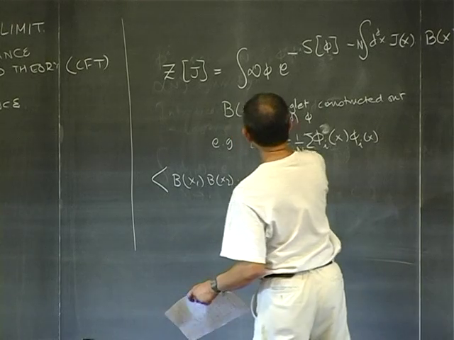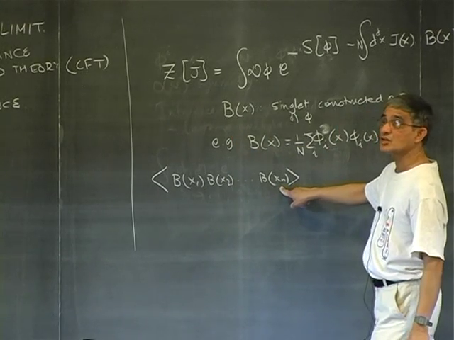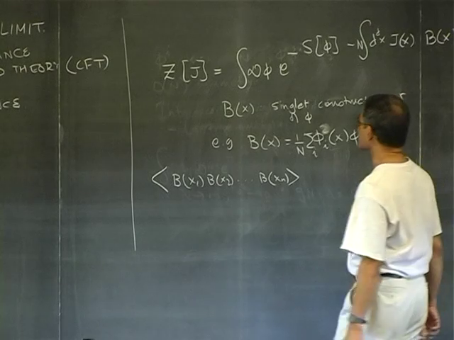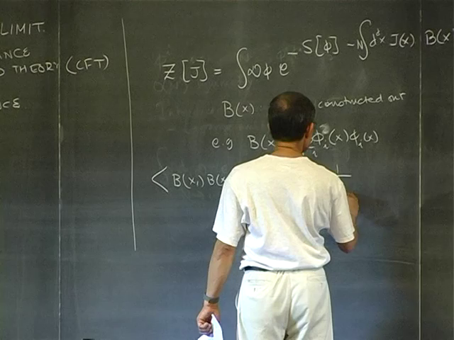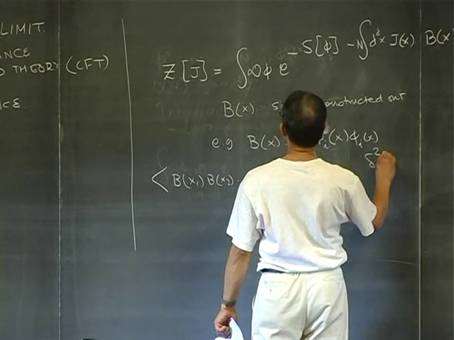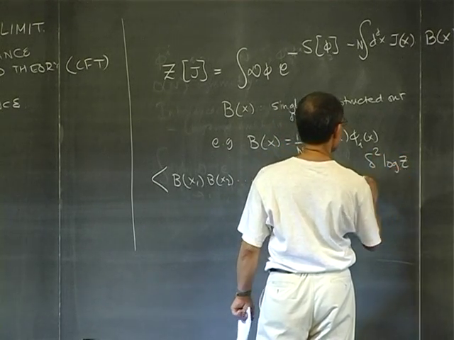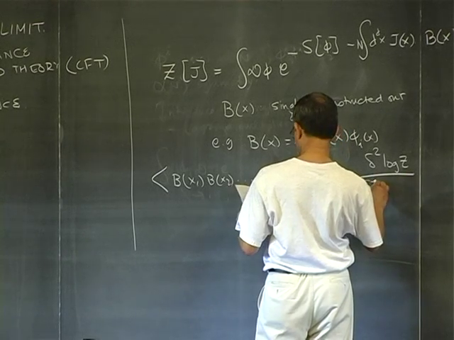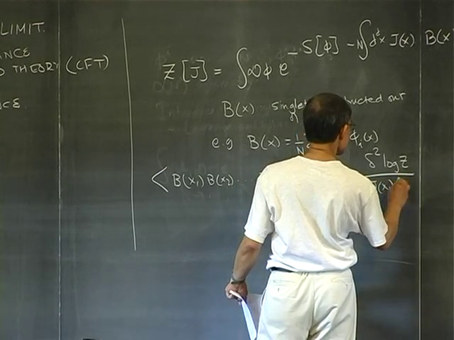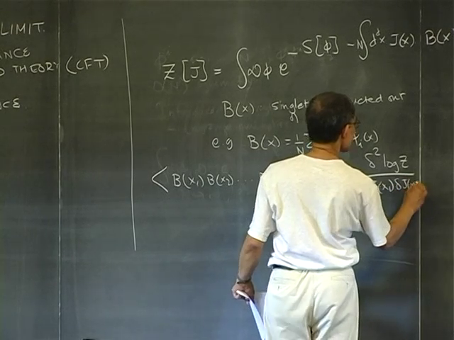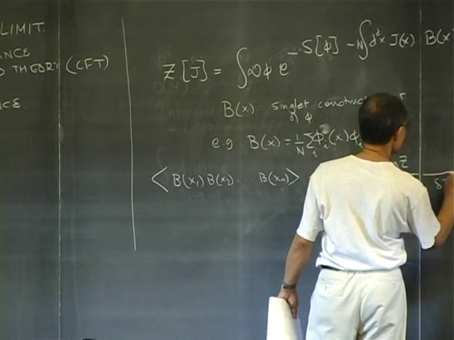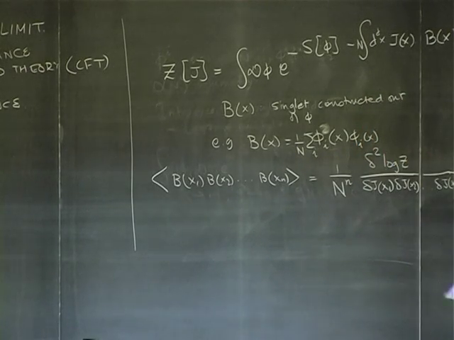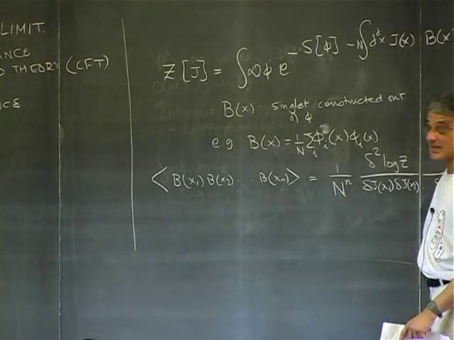So if I calculate this correlation function as an average in this functional integral, then by definition this is going to be singlet.